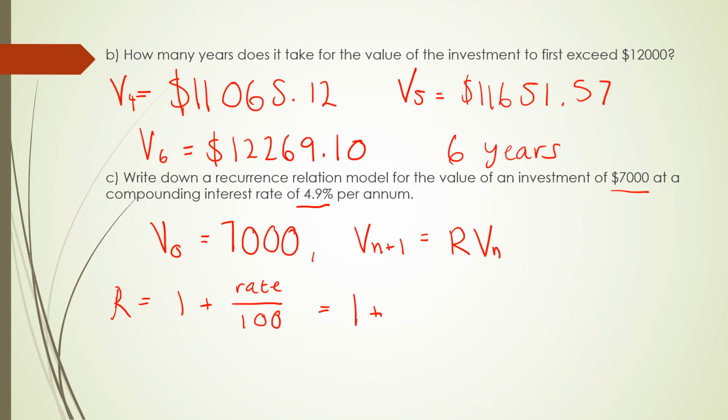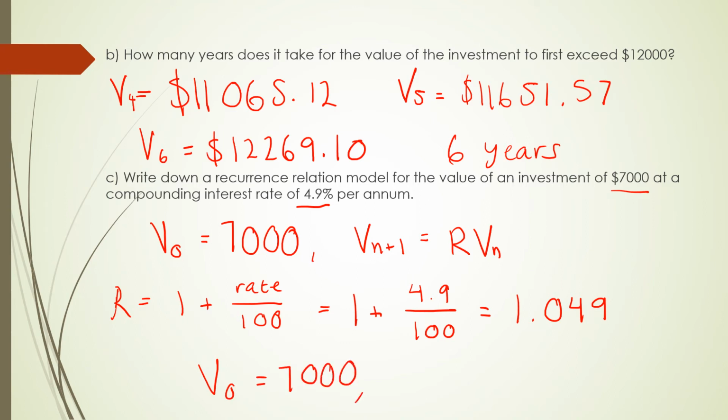Now, in this case, our rate is 4.9. So 1 plus 4.9 over 100, which gives us 1.049. So putting the whole thing together in our final relation, we have an initial of 7,000, comma, Vn plus 1 equals 1.049 Vn.